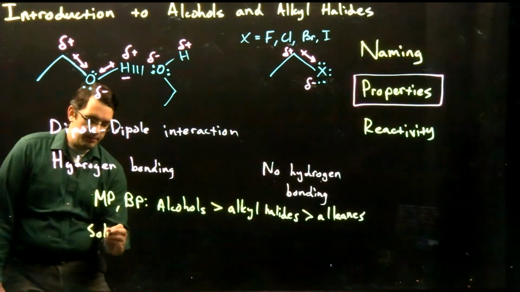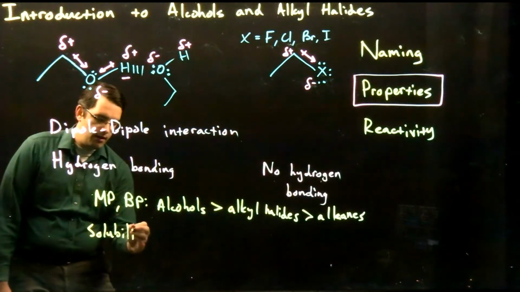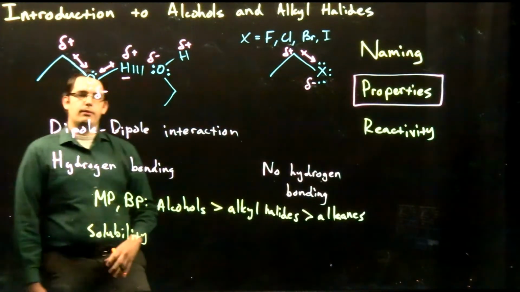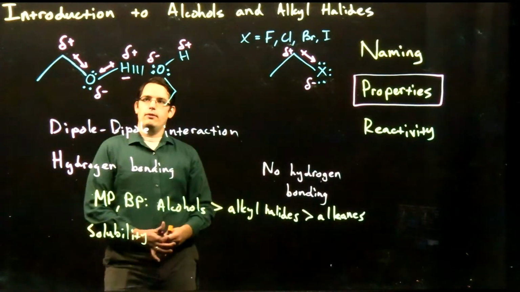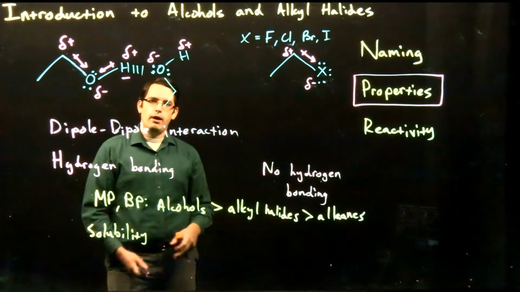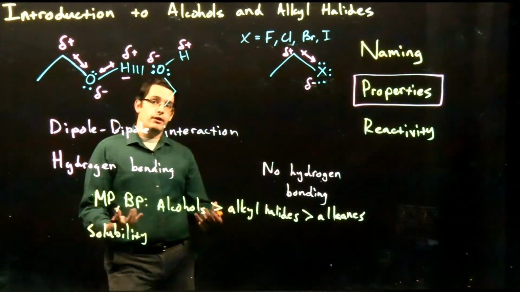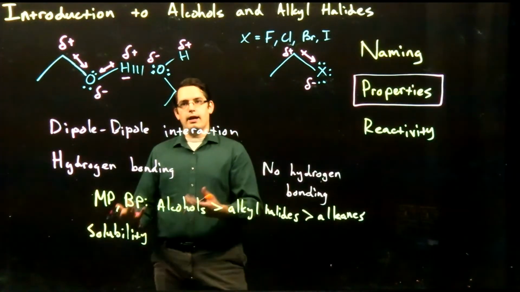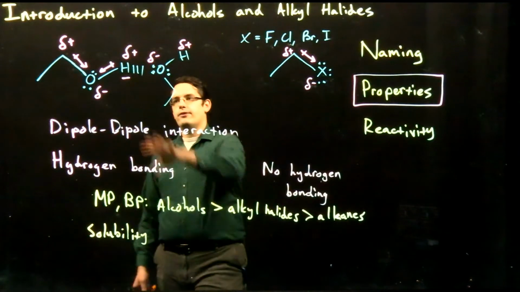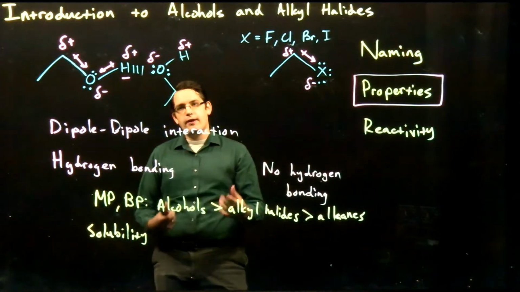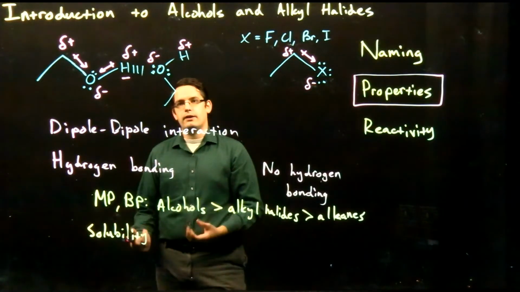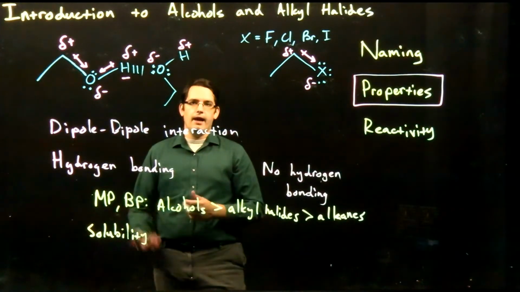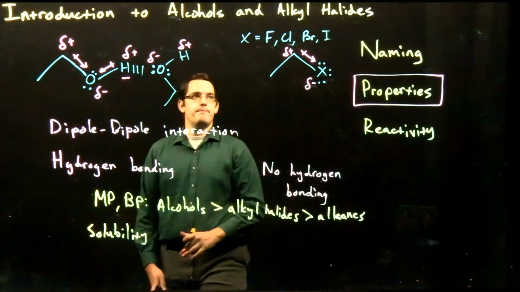So in terms of solubility, our alcohols will be relatively soluble, right? They can form hydrogen bonds with water, and so most of those alcoholic beverages are actually mixtures of water and ethanol. Our ethanol is able to hydrogen bond with other ethanol molecules as well as with water molecules, and they're all happy together in those beverages.